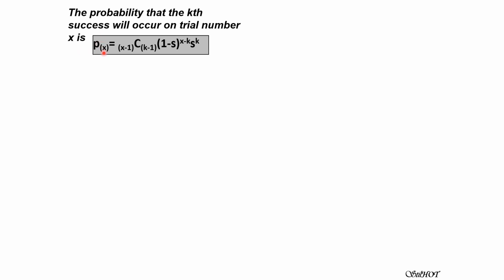Then times the probability of failure. Since there are X minus k failures before trial X, this probability of failure, represented by 1 minus S, is raised to X minus k.